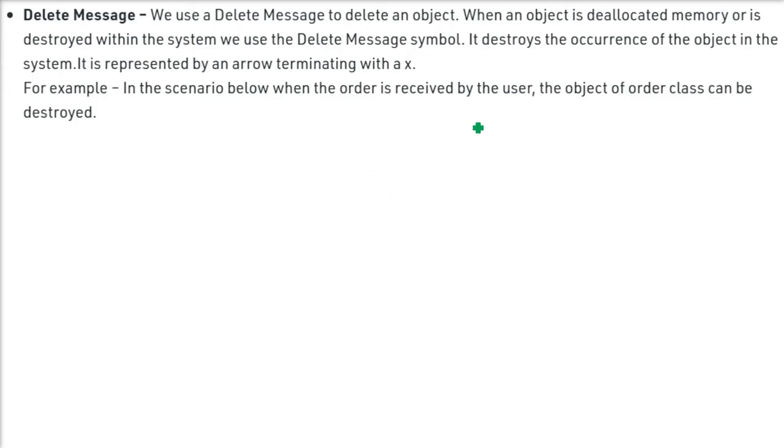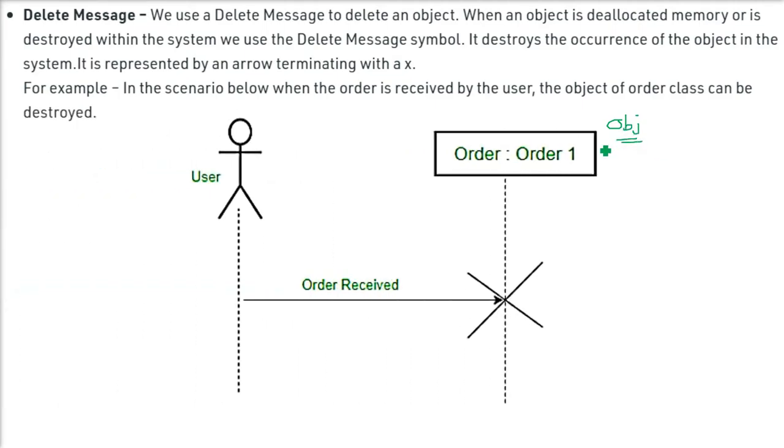Now once you have created the object, you also need to destroy it sometime in between. So we use this delete message to delete an object. You are deallocating memory. So you make an arrow and put a cross sign.